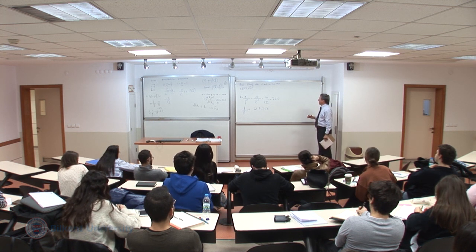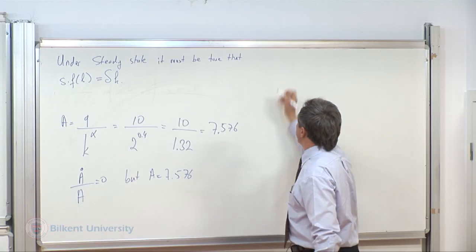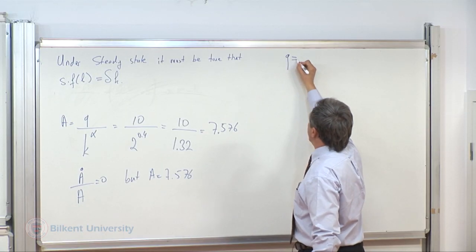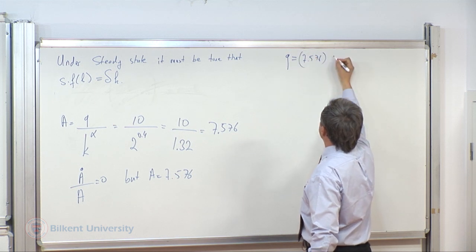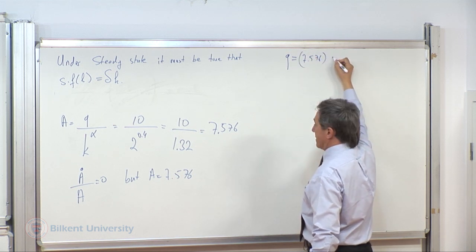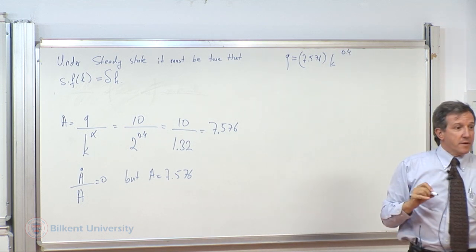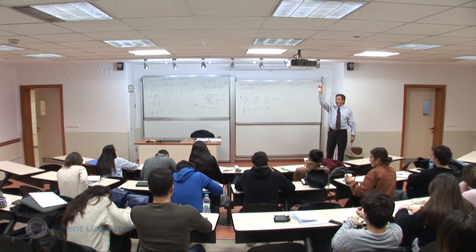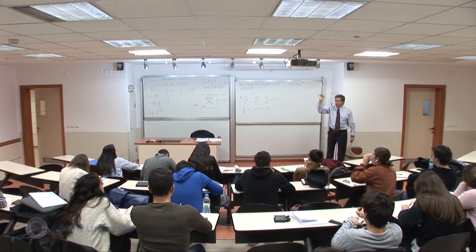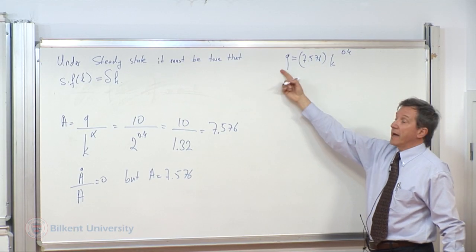Okay, let me continue. Our function then looks like this. Output is 7.576 times k to the power 0.4. So whenever you change k, you take a power of 0.4, that's alpha, and multiply everything by this 7.5, and you get output.